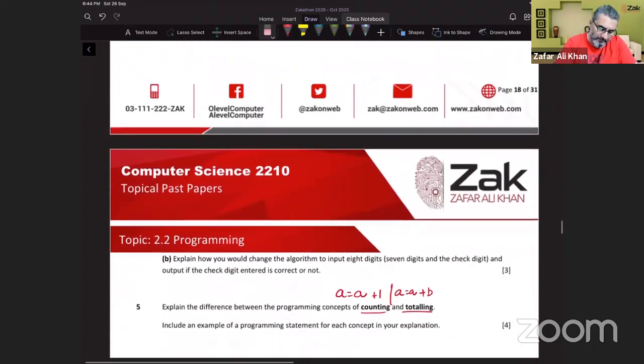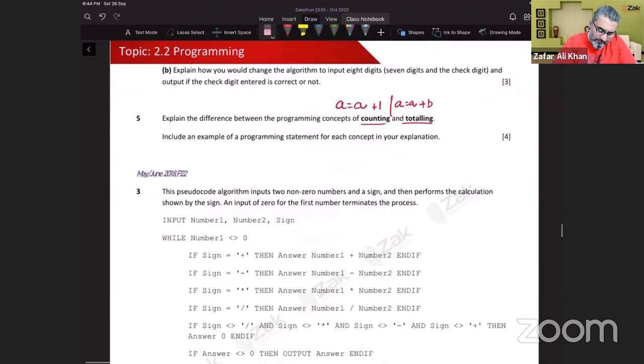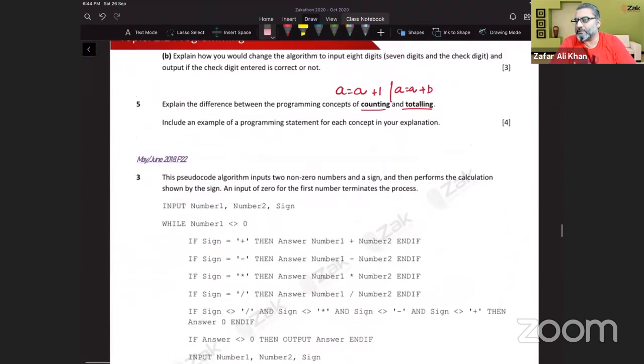So this is format 5. We will do it later. When we discuss format 5, we will solve this question.